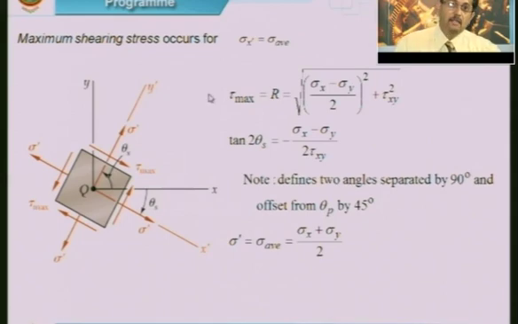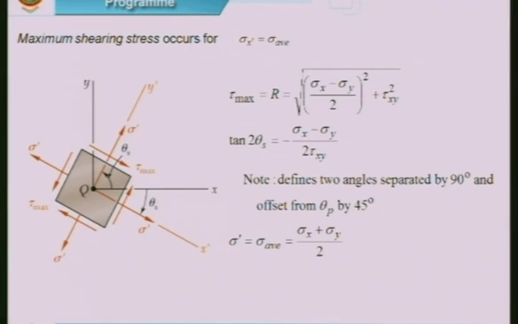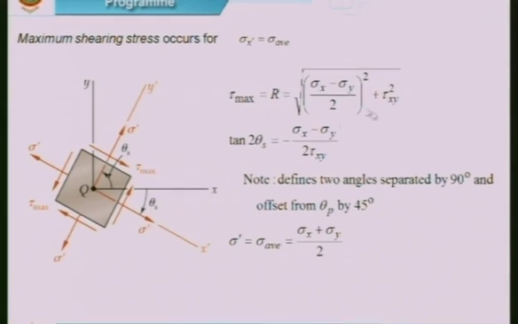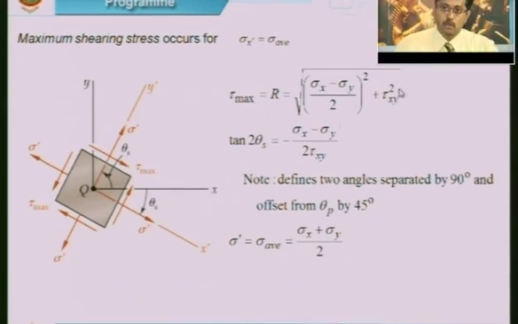Now, to get the maximum shearing stress values, we took the shear stress expression which we derived in the last class and differentiated it with respect to theta p. We got the expression indicated here on the board, which is tau max equals the square root of (sigma x minus sigma y by 2) whole square plus tau xy whole square.